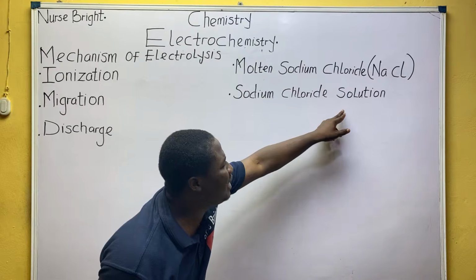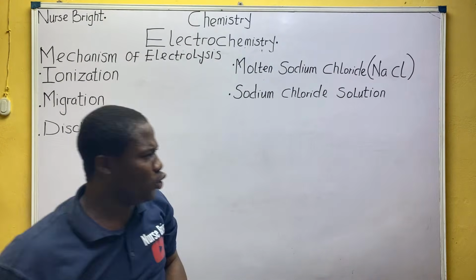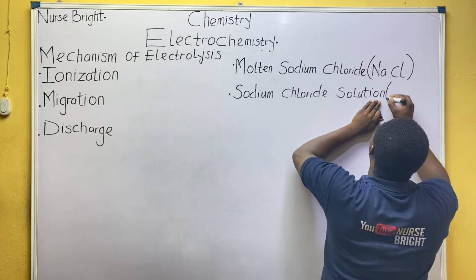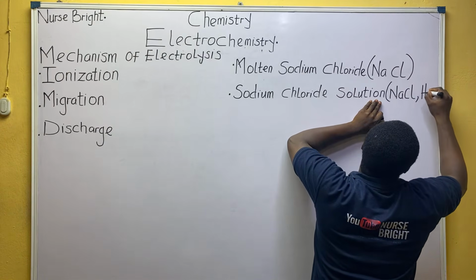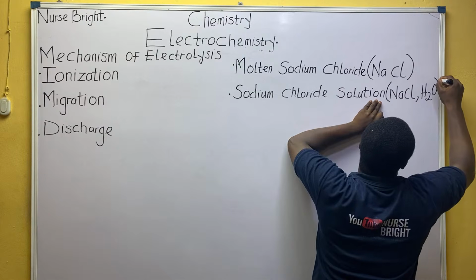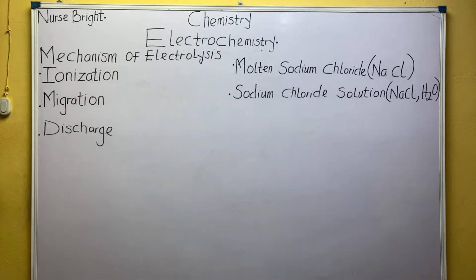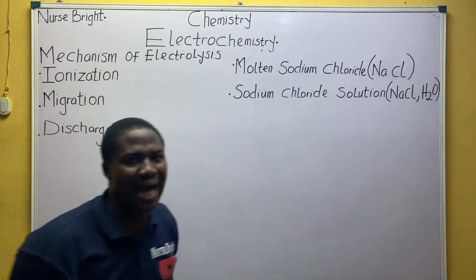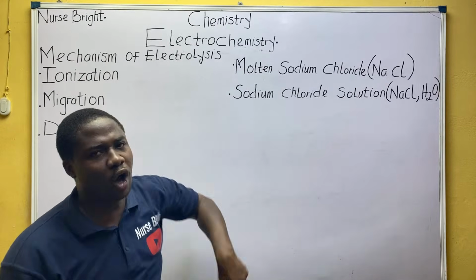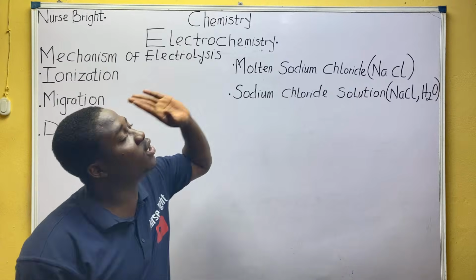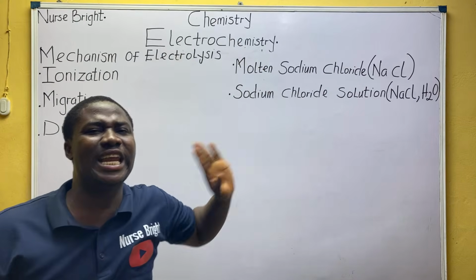But when a compound ends with solution, it is going to be that compound, NaCl, and water, H2O. Class, pay attention. Whenever a compound is in the form of a solution, it simply tells us that it is that compound and water. But if it's just molten, it is just that compound standing alone.